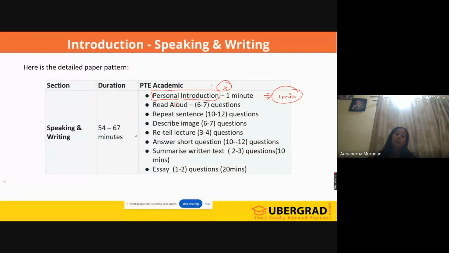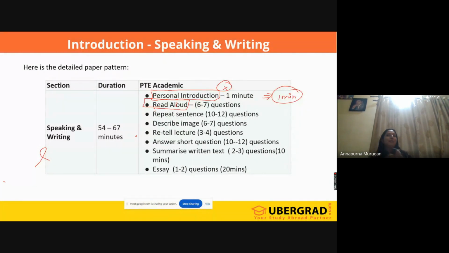Now the real exam questions come in. What are the real exam questions? The first thing is Read Aloud. Guys, one funny thing happens with Read Aloud.